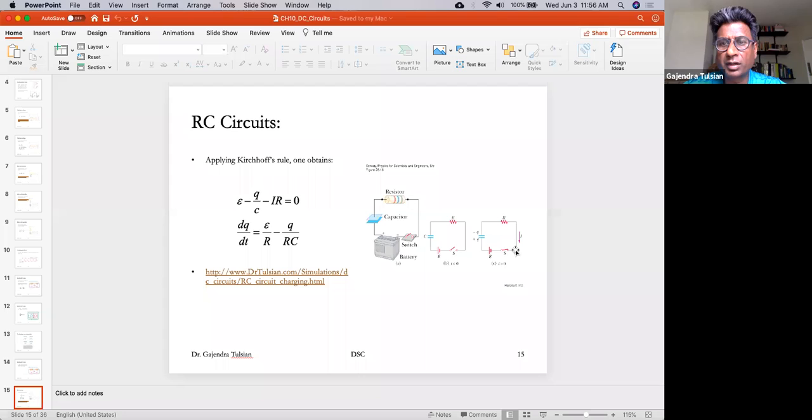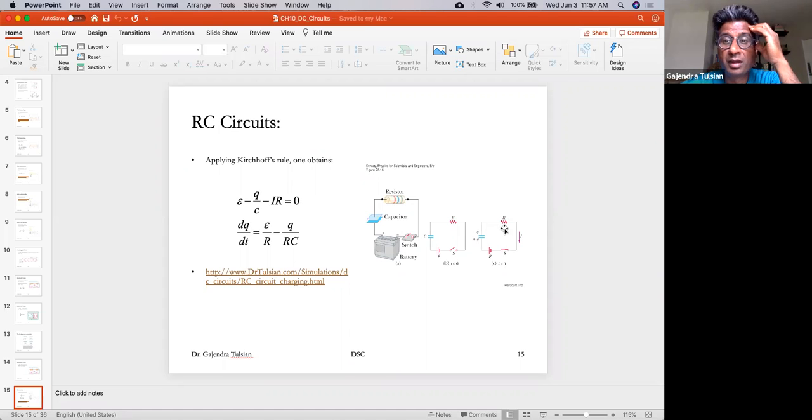We'll start off here and go across this element, and there's plus E. Then you're going from a high to low voltage. The voltage across the capacitor is Q by C, so that's minus Q by C. And then you're going with the current, and that is minus IR.